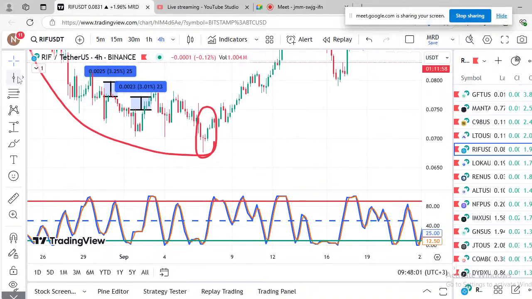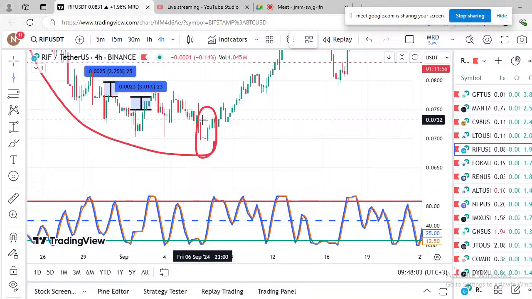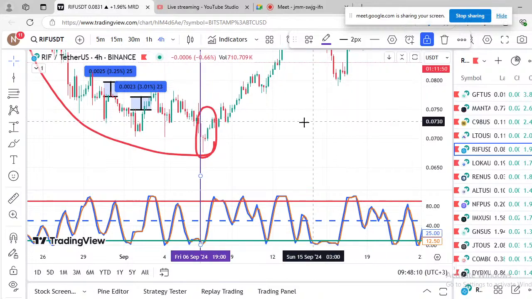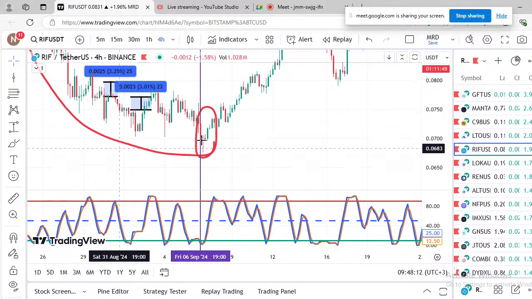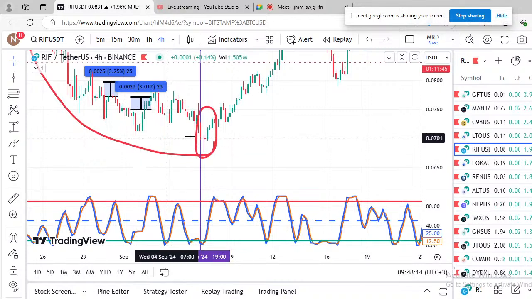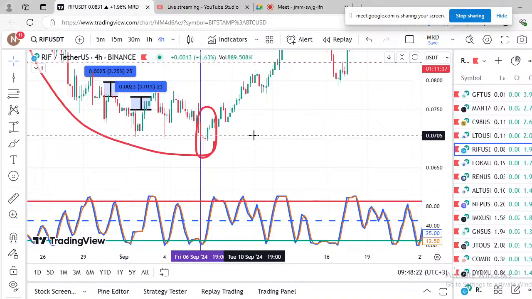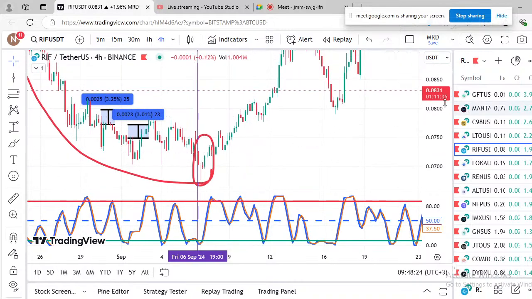Now here you could draw your line at this point after forming this Kasmoro candle. So that was your first confirmation, because it was the end of a downtrend. It was the starting of an uptrend.